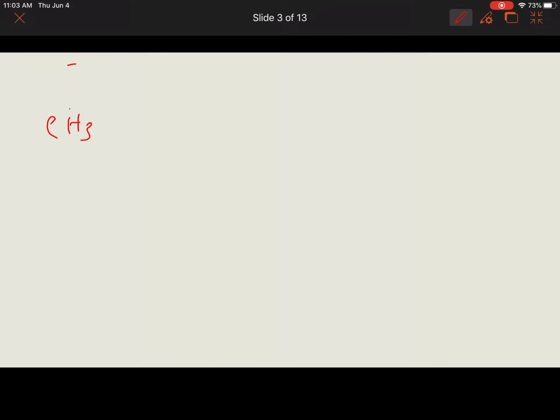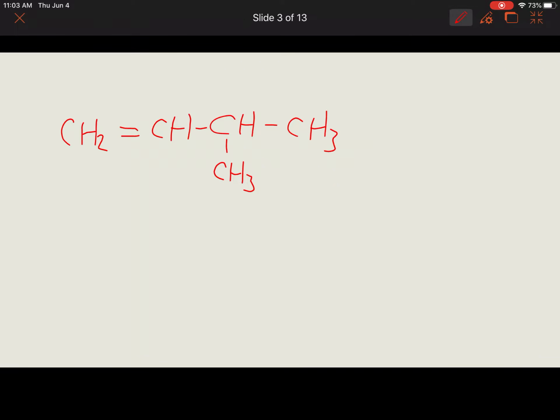Okay, so CH3, CH2, and then I'm going to have the double bond, CH, CH, CH3, and CH3. Now, looking at this, one thing you'll note is that we've got two hydrogens on this carbon.